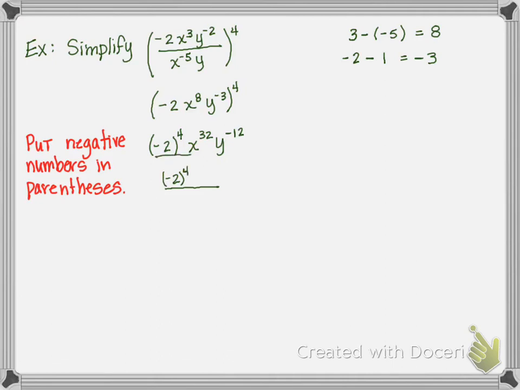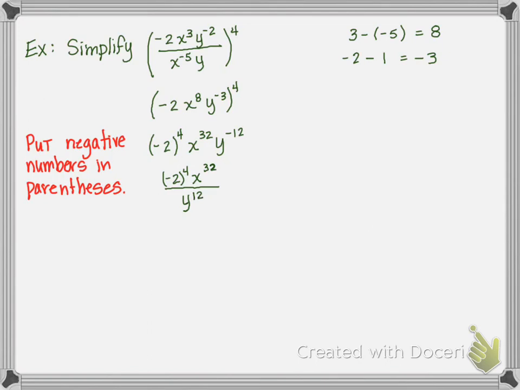Because remember, this whole thing you can think of as being over 1. And so that whole thing that we started with is in the numerator to begin with. X to the 32nd has a positive exponent, so it stays in the numerator. And then y to the -12th has a negative exponent, and so it needs to come down to the denominator to have a positive exponent, so y to the 12th.